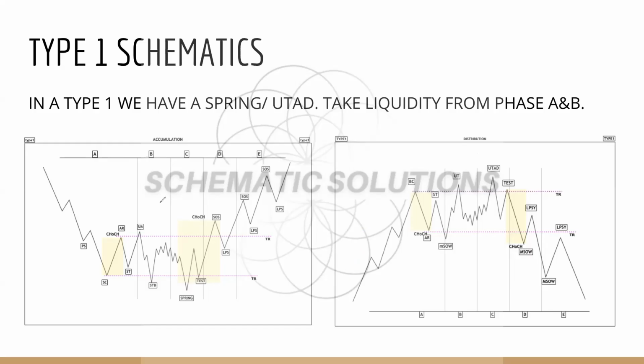So in phase A, we're going to have a couple of events. Our first event is going to be our preliminary support or our preliminary supply. For our preliminary support, think about it like this. Let's say we're coming to a stop sign and the stop sign is right here. As we're coming to that stop sign, are you going to just stop right when you get to it?